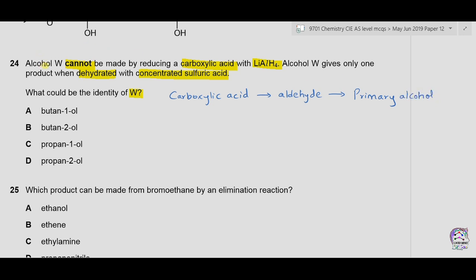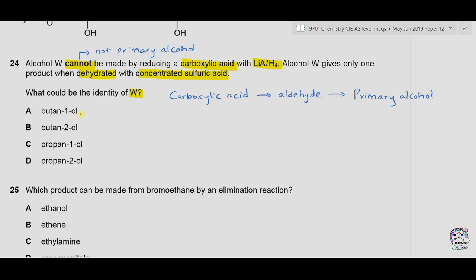As the question says, alcohol W cannot be made by reducing a carboxylic acid with lithium aluminum hydride, so it means it is not a primary alcohol. Let's first find out which one of them is a primary alcohol and which is not.